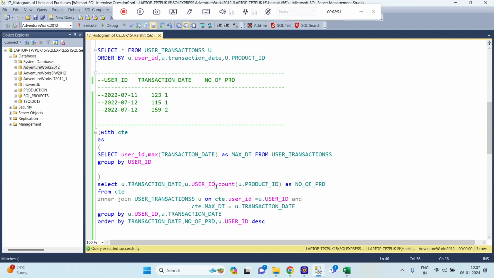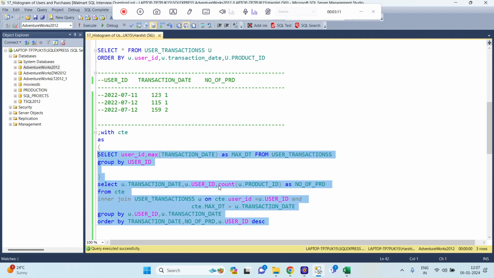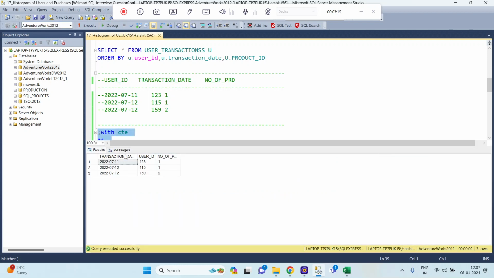And then we have done the count of product ID so that it will generate the most recent transaction date wise count of products, right? And then I have done the order by transaction date, number of products and user ID. So this is the result set.